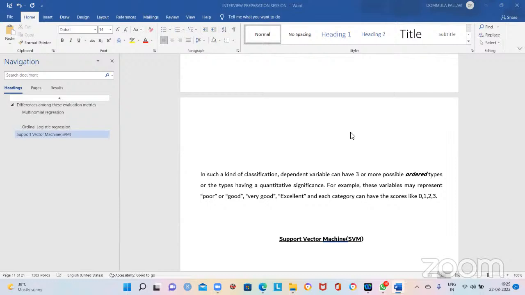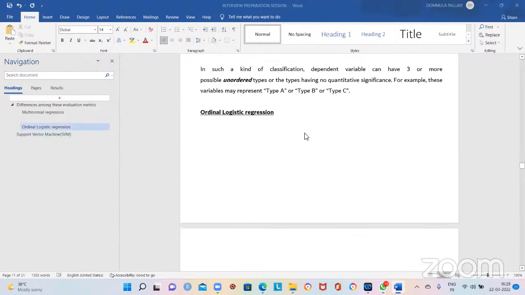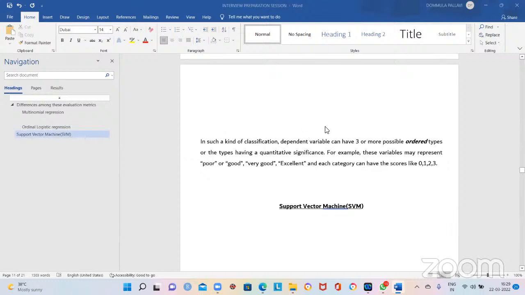Coming to the answer, in such kind of classification, dependent variables can have three or more possible ordered types, or types having quantitative significance. For example, these variables may represent poor, good, very good, excellent, and each category has scores like 0, 1, 2, and 3.